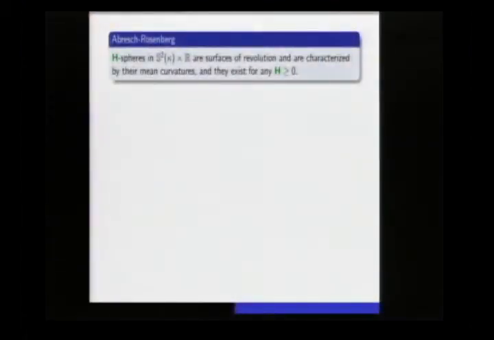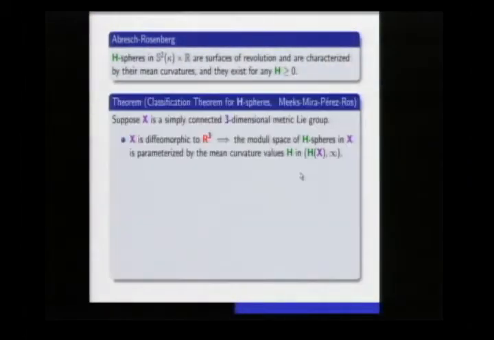But anyway, for each mean curvature, there's a unique constant mean curvature sphere, for each non-negative number. And they're all surfaces of revolution.